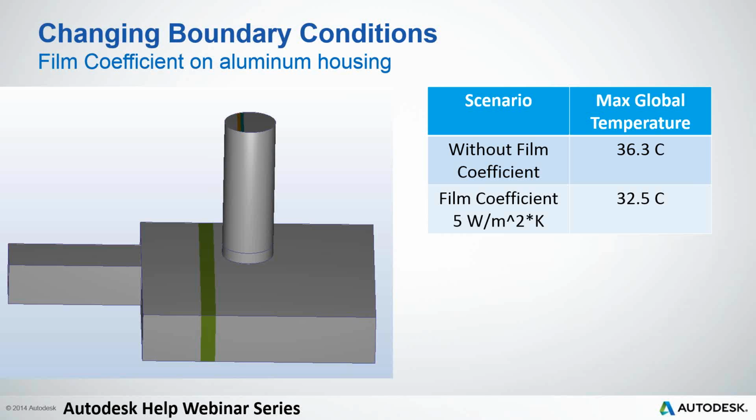So I looked at the max global temperature. This is back with my standard 20 C inlet, and I used 5 watts per meter squared per degree. The overall max global temperature went from 36.3 to 32.5. So there's definitely some heat transfer there.